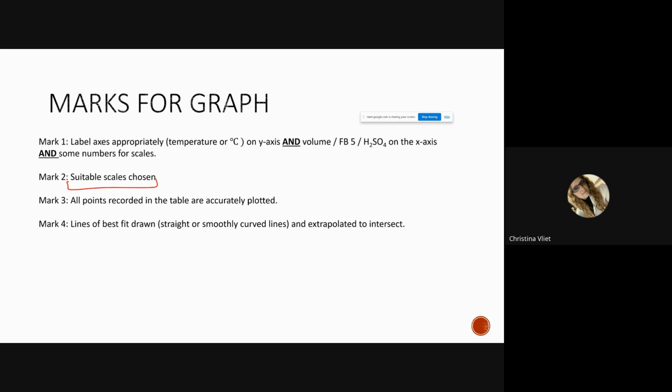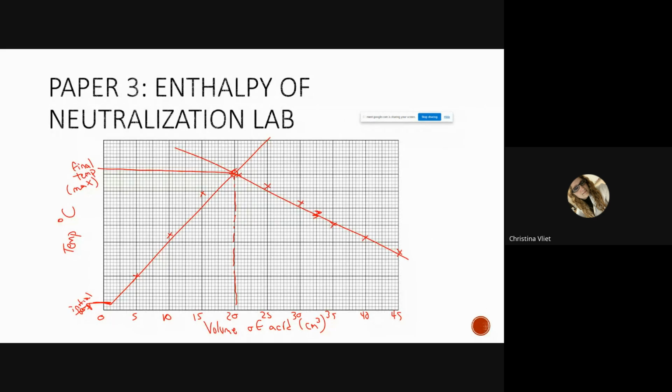Suitable increments of volume and suitable increments of temperature. So for volume, you notice how I did 0 to 45? That's suitable increments. For temperature, you can actually skip and say like, this is 18, your starting temperature or whatever, and then go up like this.